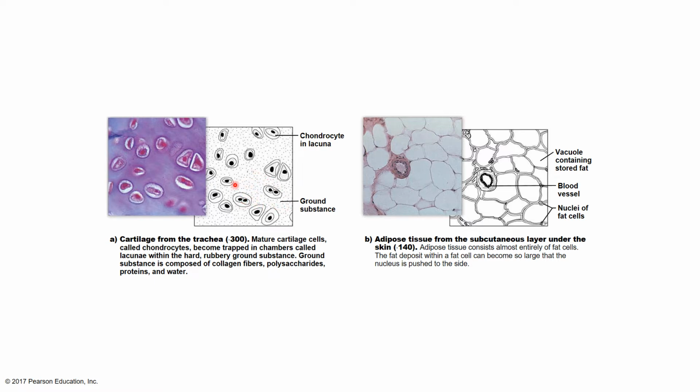This is our extracellular substance, and then we have what's called a lacuna, and a lacuna is just a little opening that holds a cell. When we're talking about hyaline cartilage, we're talking about a chondrocyte. We're back to the cyte at the end again, cyte versus blast.